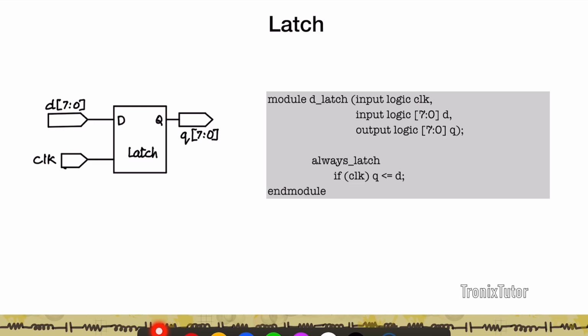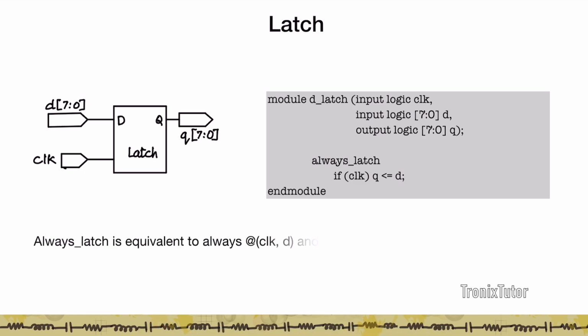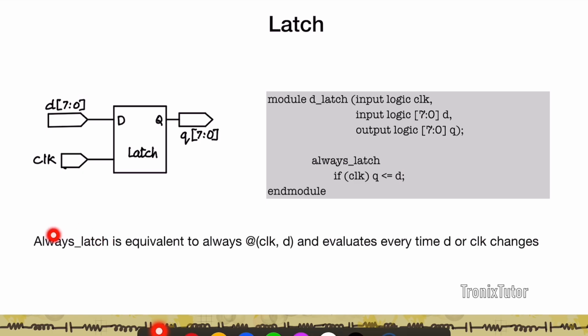And at that time, it's going to see if clock is high or not. If clock is high, Q follows D, else Q is not changed because of D. So you can also think of this always_latch as something like always @(clock, D). That is, whatever follows the always_latch is going to be evaluated every time the inputs change.